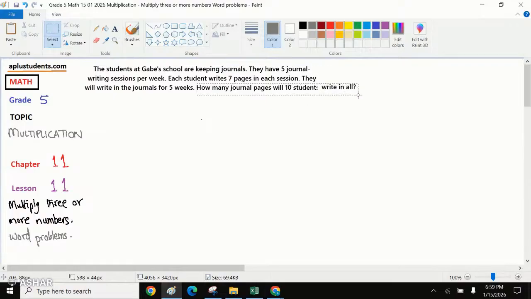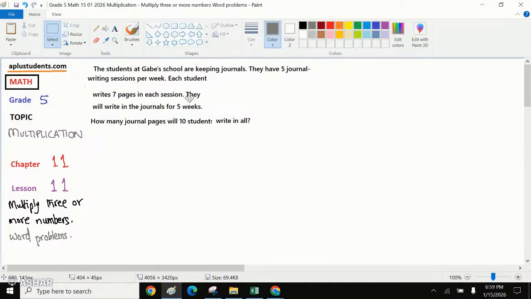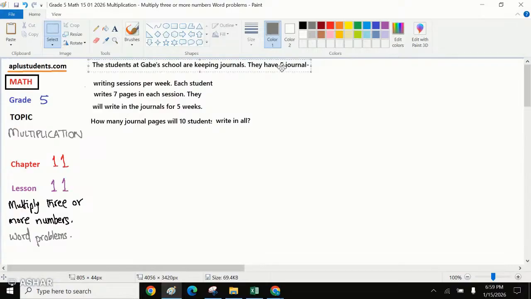Meanwhile, I'll just align this. Each student writes 7 pages. Okay, there's a writing session per student, and this is given to us.